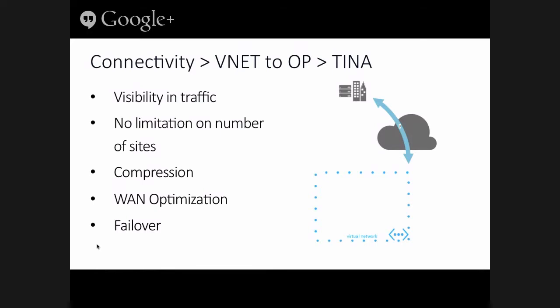So basically, what we can do with Tina is do the same as the VNET to VNET. Get a firewall in here, direct traffic into that firewall through a client, and then go up to the internet again. Good things are there's no limitation on the number of sites. We can go beyond the 500,000, you name it.